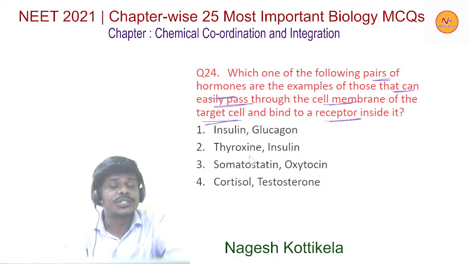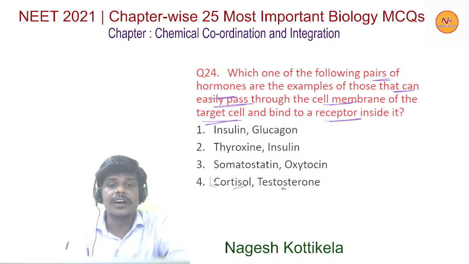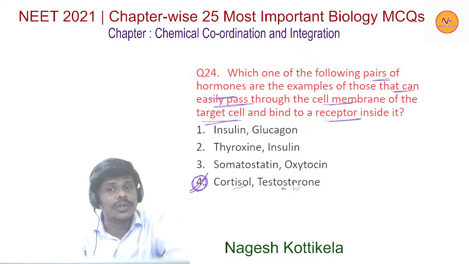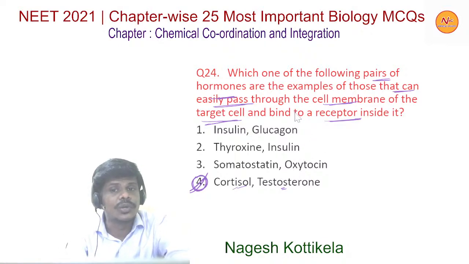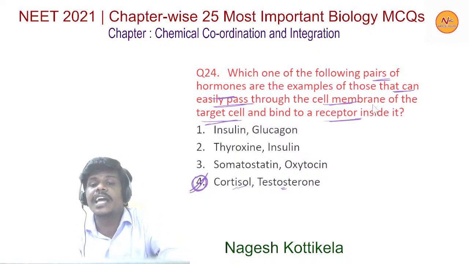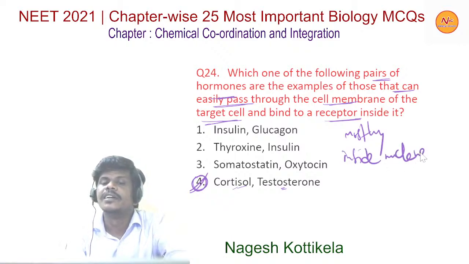Option 2, thyroxine and insulin. Option 3, somatostatin and oxytocin. And option 4, cortisol and testosterone. And here the fourth option is the right one. So cortisol and testosterone is a pair of hormones that can pass easily through the cell membranes of the target cell and bind to receptor inside it, mostly inside the nucleus.